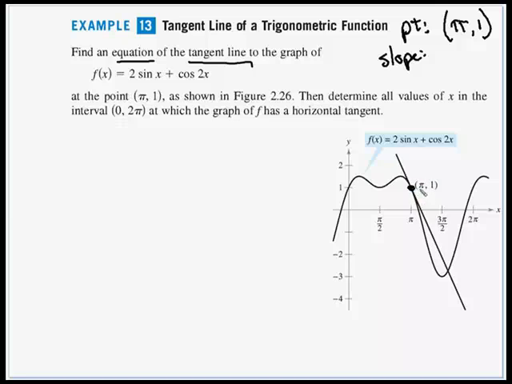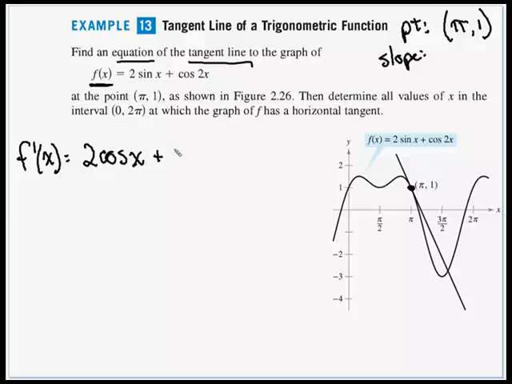How do we find the slope at a point? Well, we do that with the derivative. So here's our f of x. We need to find f prime of x. And let's see here, we got no product rule going on, we got no quotient rule going on. Good, so this should be relatively simple. The derivative of 2 sine x is 2 cosine of x, plus, we are going to need the chain rule here, but not too bad a one.